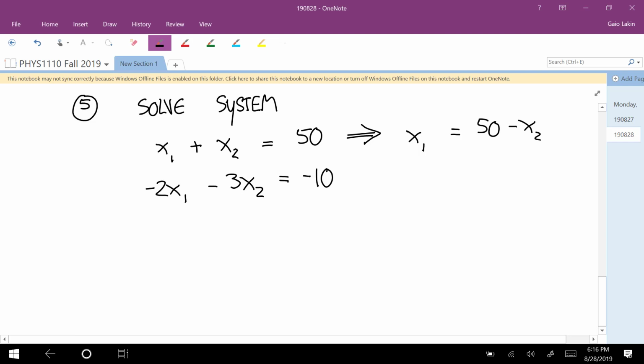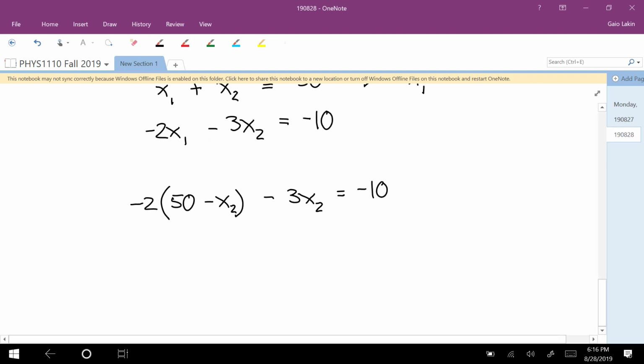So now we have negative 2 times this thing that we know x1 is equal to now. So negative 2 times the quantity 50 minus x2, minus 3x2 is equal to negative 10. And now we have a single equation with a single variable, so we know we can solve that.